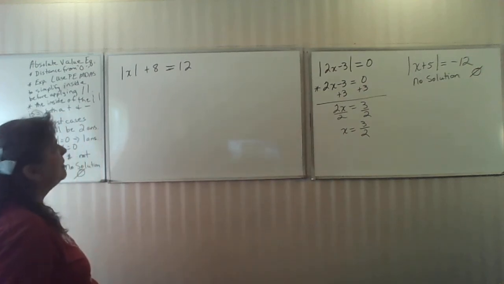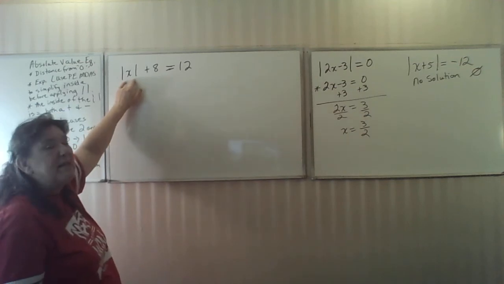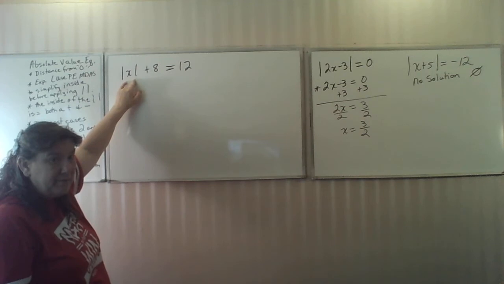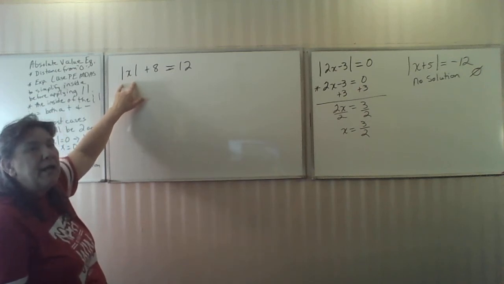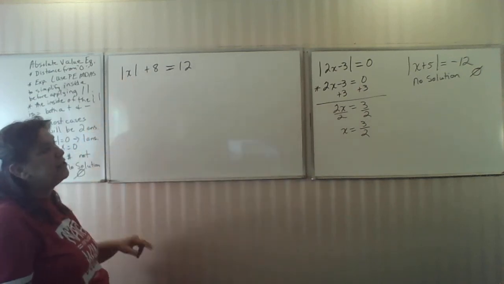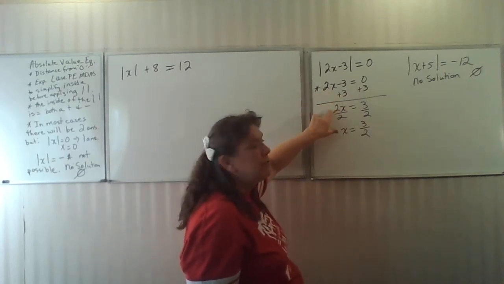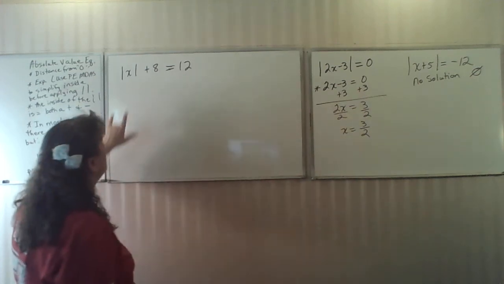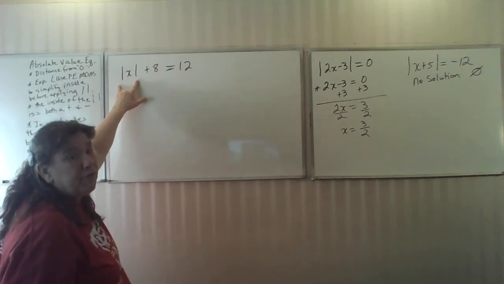If you think about it, it's only the absolute value part, because it's the stuff inside that has those two possibilities, right? So therefore, before we can deal with our absolute value, it must be isolated, just like when you were solving for x, you had to isolate the term with the x before you could go on and solve. It's the same kind of principle. We have to isolate our absolute value first.